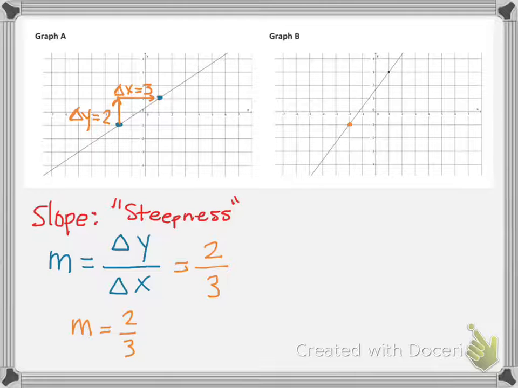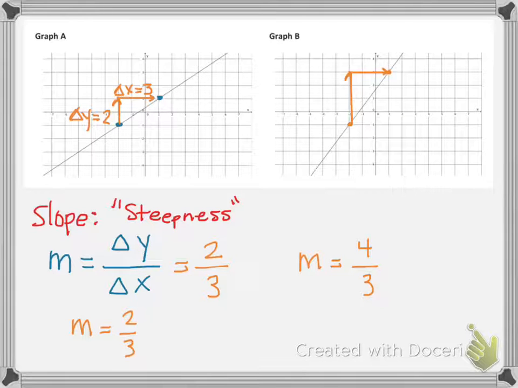Okay, and let's do that same thing for graph B. If I start at this point and move to the next point, I'm going to go up 1, 2, 3, 4. So my change in y is a positive 4. Over my change in x, which would be to the right 3, a positive 3.